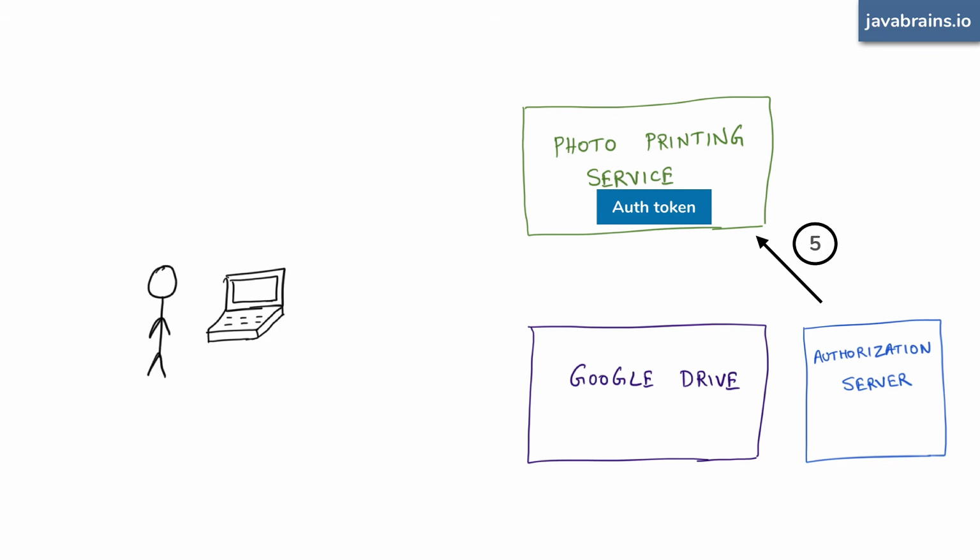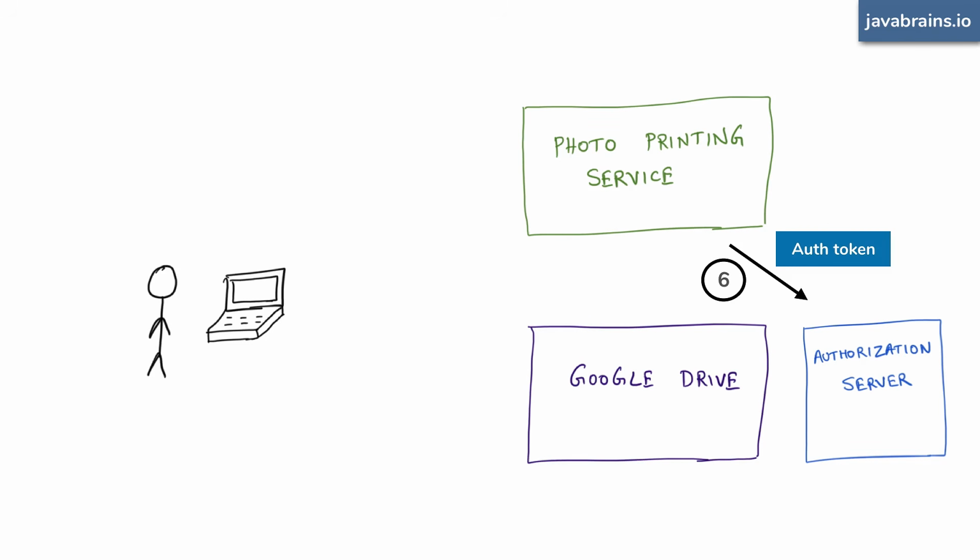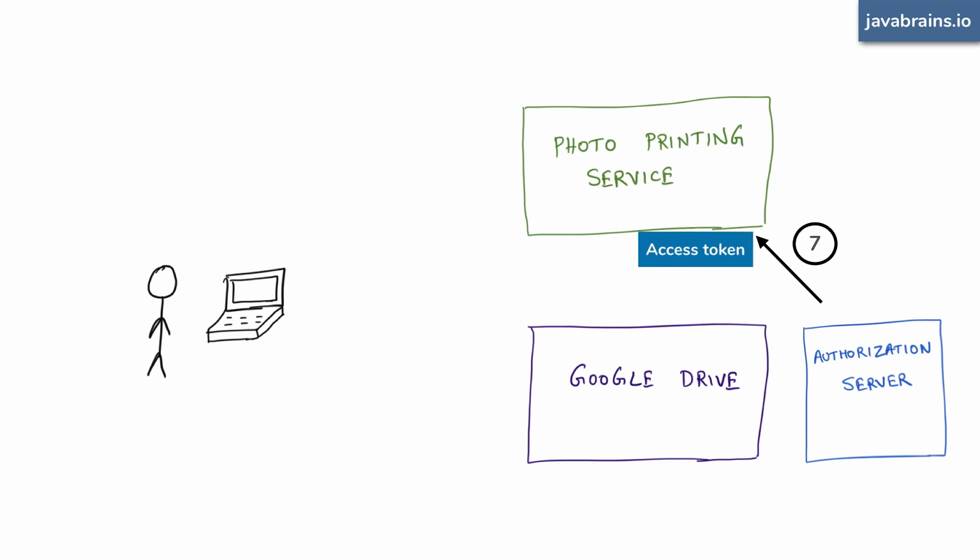Now the client uses this authorization token and contacts the authorization server to get a second token, which is the access token. Okay, so there are a couple of exchanges that happen here, right? When the authorization server gets confirmation from the resource owner, it says, okay, I'm going to give the client, the photo printing service, an authorization token.